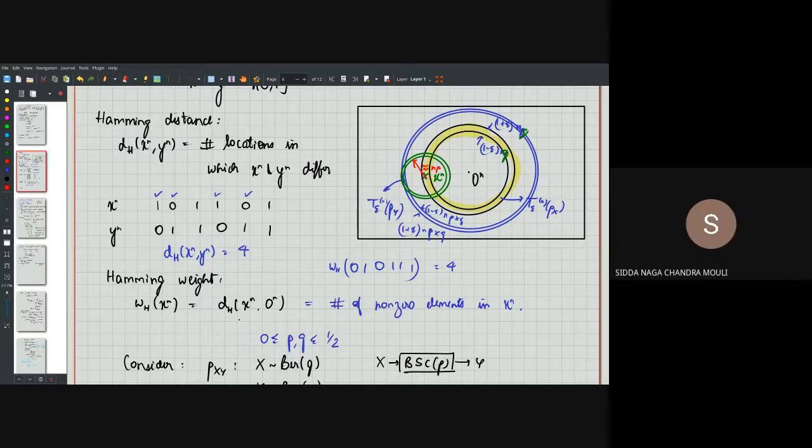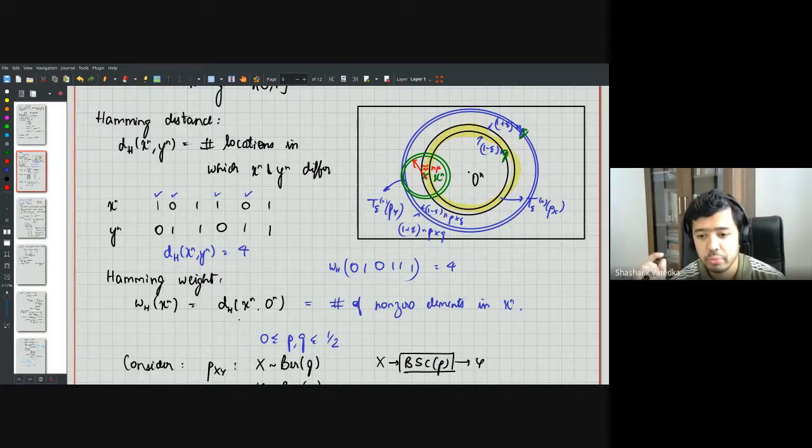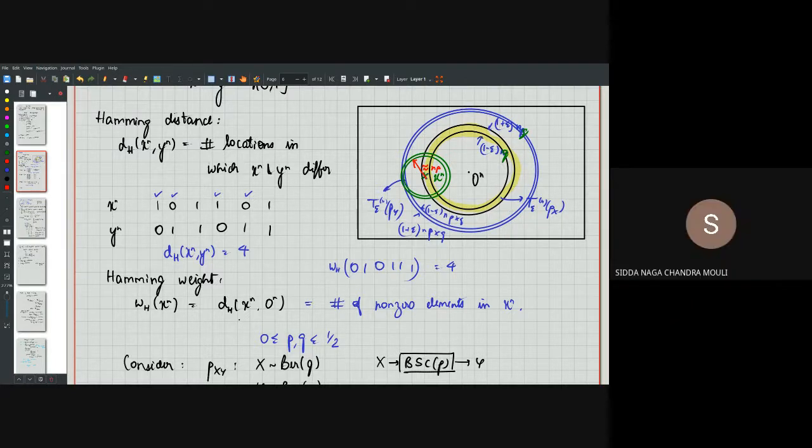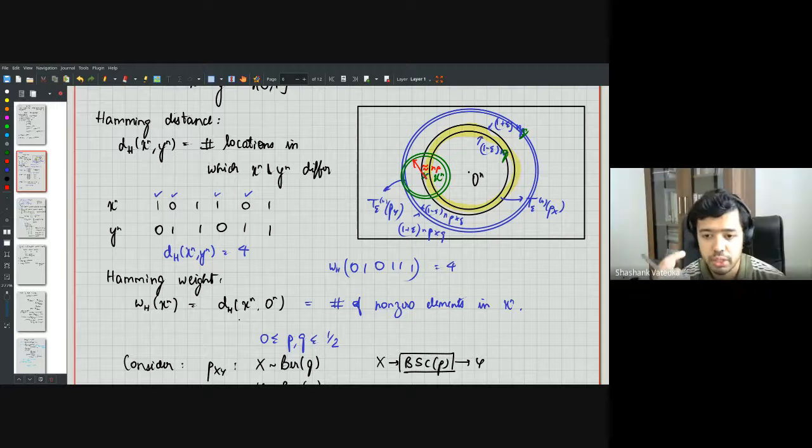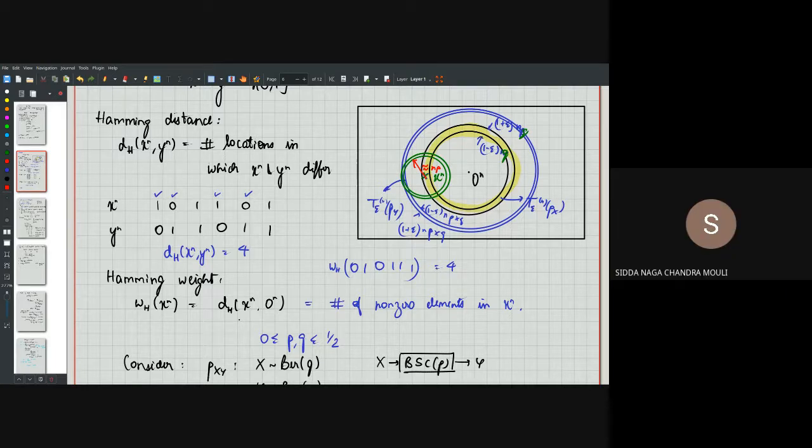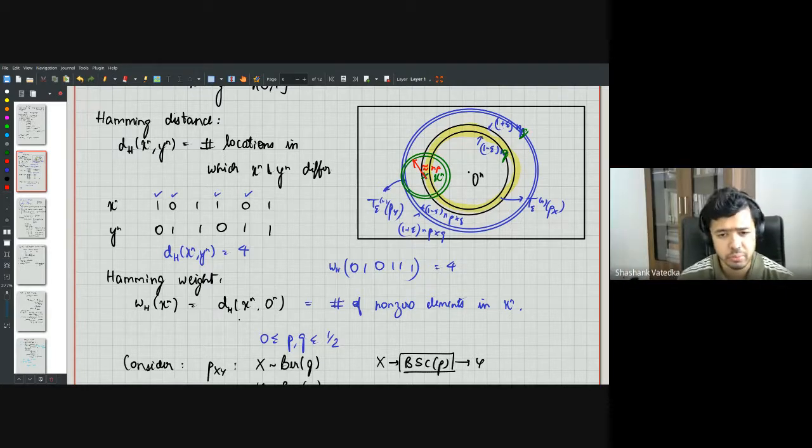Every bit is flipped then. Correct. So every bit is flipped with probability p. So with a very small probability, it could be much larger than np. There is some probability that all the bits were flipped, but that probability is very, very small. But with very high probability, it is going to be close to n times p.